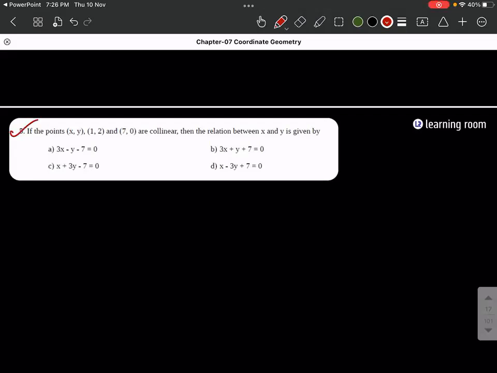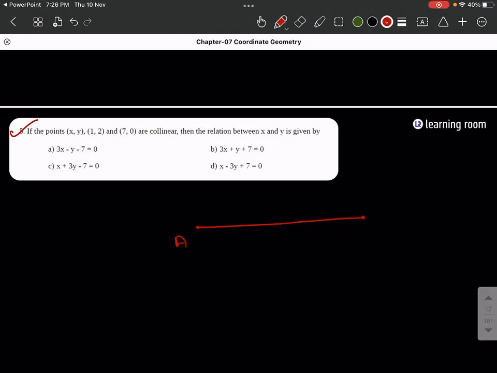Fifth one. If the points are collinear, then the relation between x and y is. So if the points are collinear, how will you solve it? Section formula. So section formula, what will you do? We will take A as x comma y, B as 1 comma 2, and C as 7 comma 0.